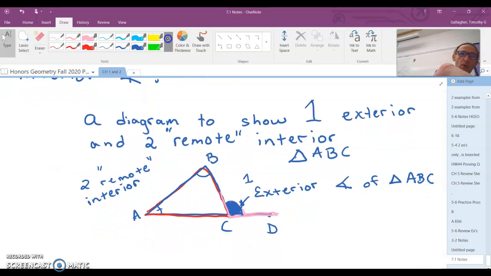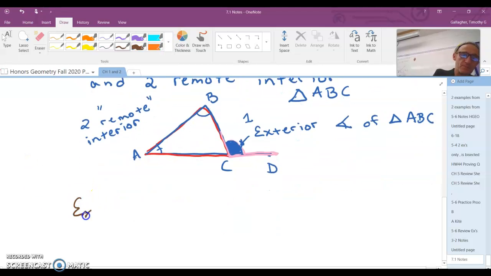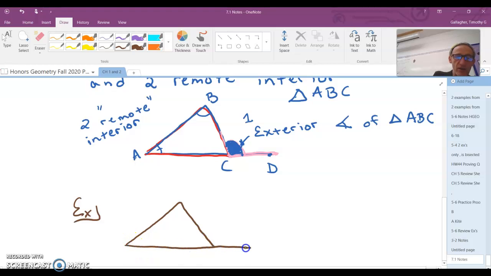So, for example, if I have a diagram like this, now I'm going to draw a different exterior angle and a different triangle. I'm going to put the exterior angle here and the 2 remote interiors here.